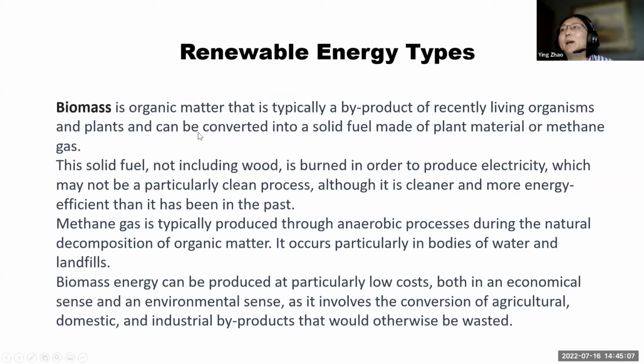It is organic matter that's typically a byproduct of recently living plants and can be converted into a solid fuel. It's burned in order to produce electricity, which is not very clean, but because it's an additional byproduct, it's still considered renewable and very cost effective.